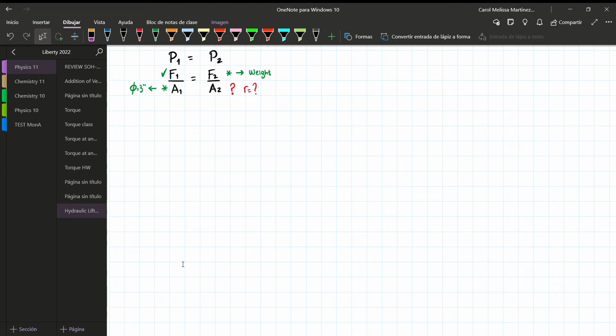My first step is going to be to calculate the area. For this area, I just know that the diameter is 3 inches, so I'm going to convert these inches to meters. In 1 meter I have 39.37 inches.